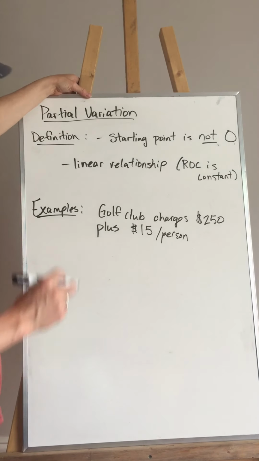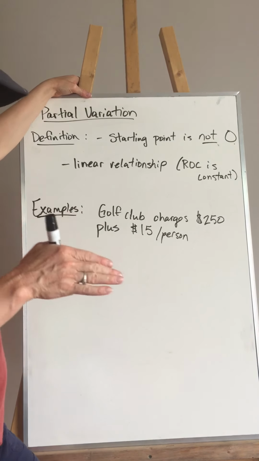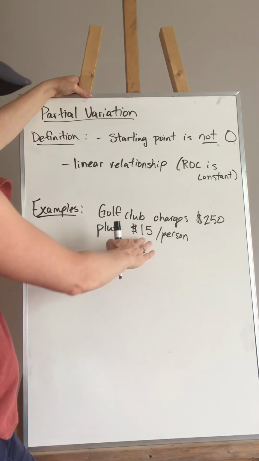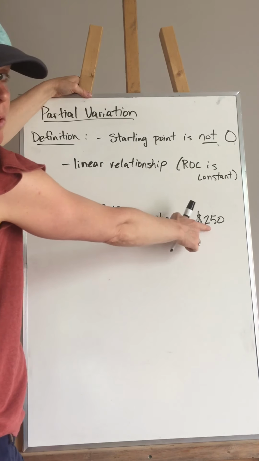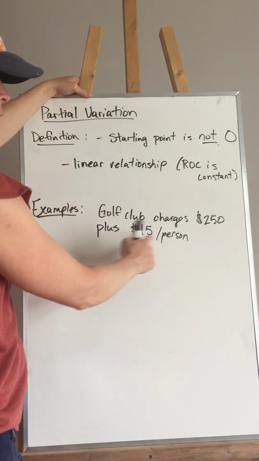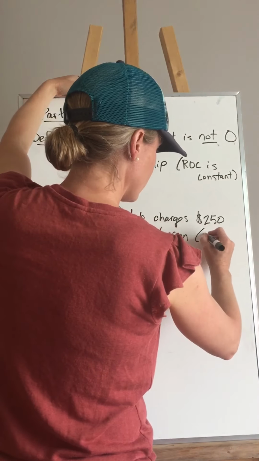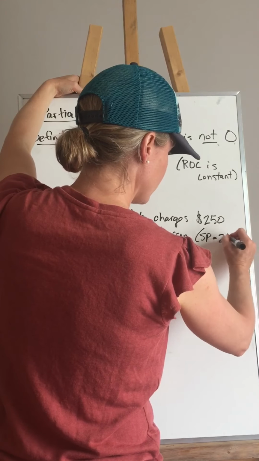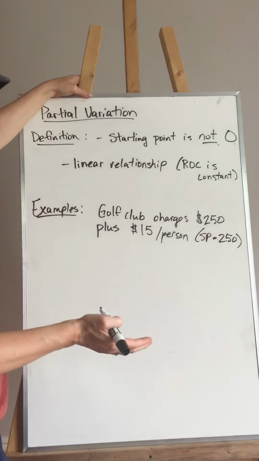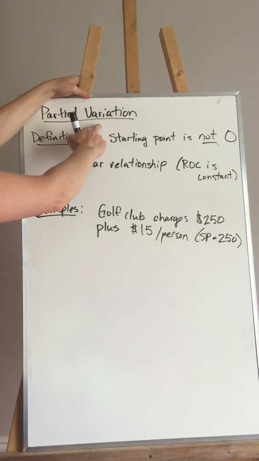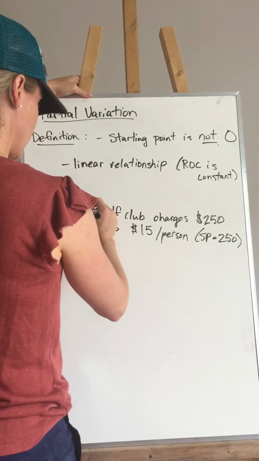Okay, so in this case, let's say you have 0 people coming to your event. Your starting point is $250. Because your starting point is not 0, it's partial variation. Okay, so that's example number 1.